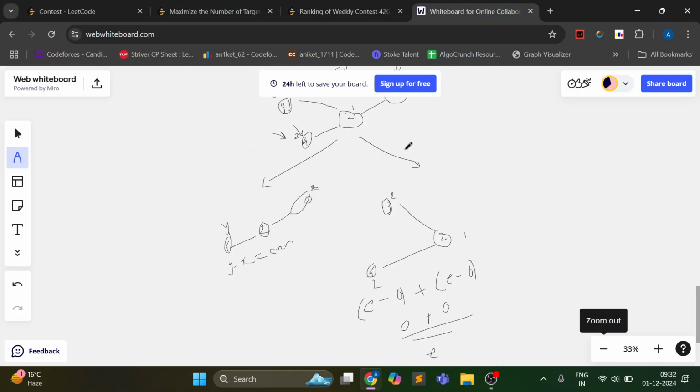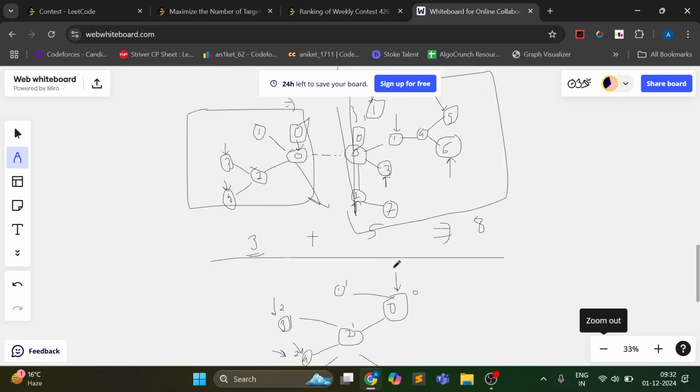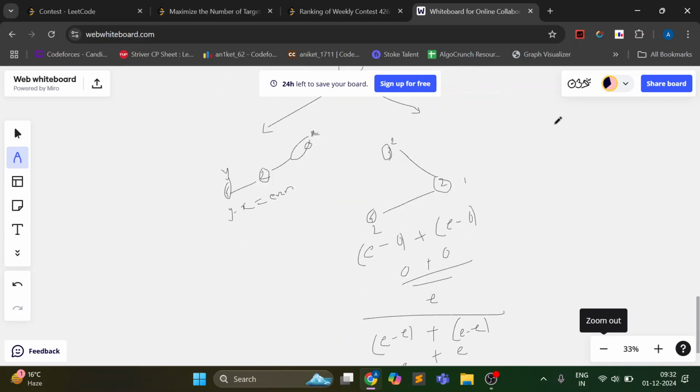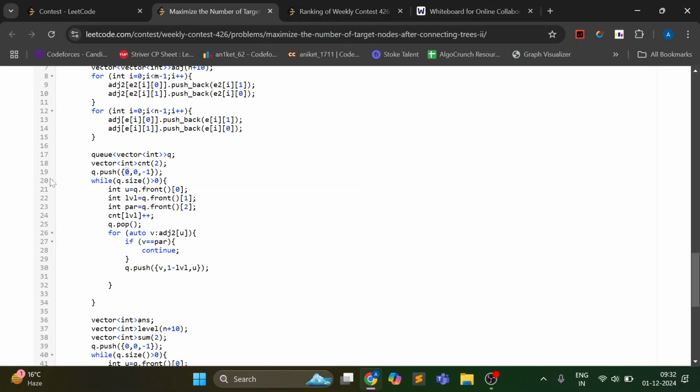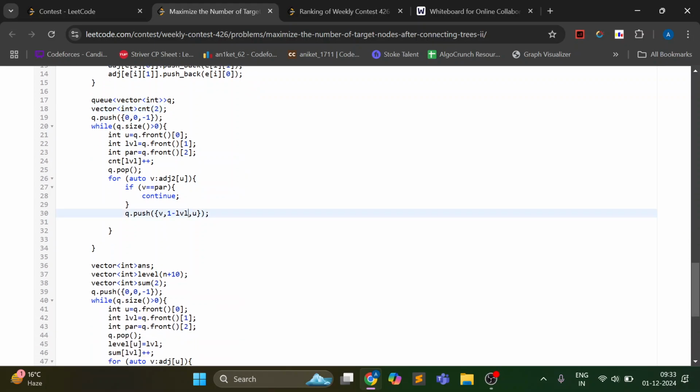That is checked by these two conditions. So I'm pushing the root, its level, and its parent. Then I'll pick those elements, increment the counter of LVL, so level, in this vector of size 2, and I will iterate its adjacents except the parent.